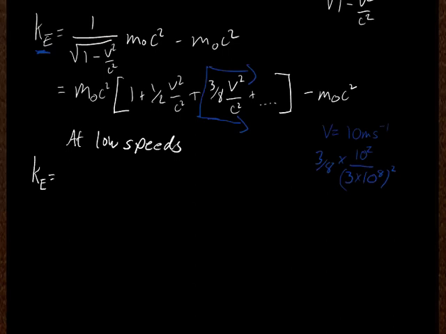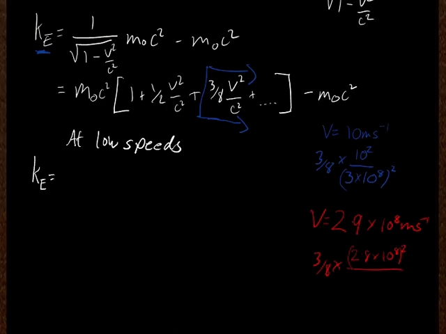If, for instance, we were travelling at a high speed, I'll use red for this one, if, say, our velocity was 2.9 times 10 to the 8 meters per second, so pretty close to the speed of light, we'd have 3/8 of this number here. Well, let's use 2.8 because I've written 8 by mistake.